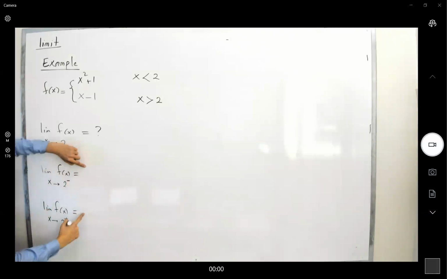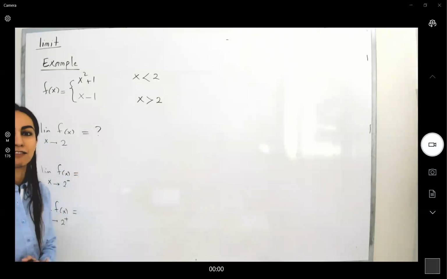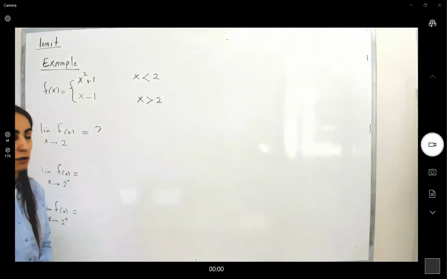If these two y values are the same, we say that the limit of the function is equal to that fixed value. Otherwise, we say that the function doesn't have a limit.